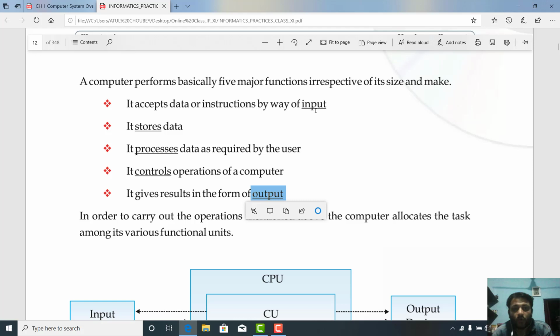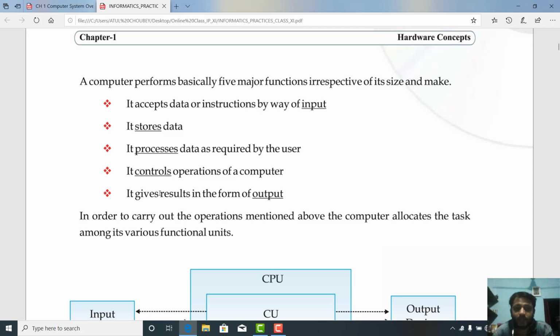After that it processes the data as required by the user, and next it controls operations of computer. Means what should come out and what should go into the computer memory. And after finalization of your data, it gives the result in the form of output. So these are the 5 major functions.